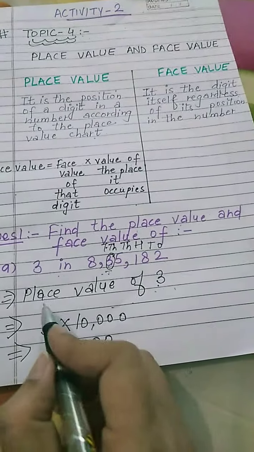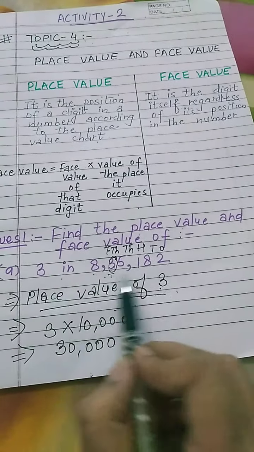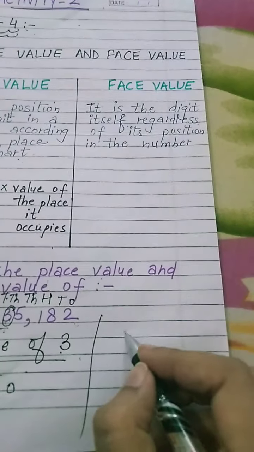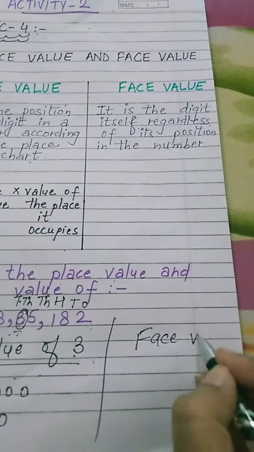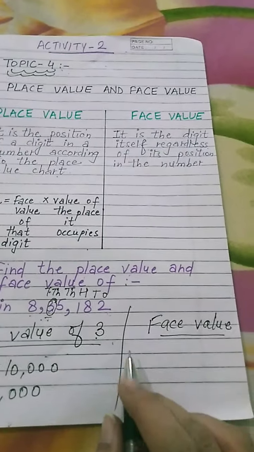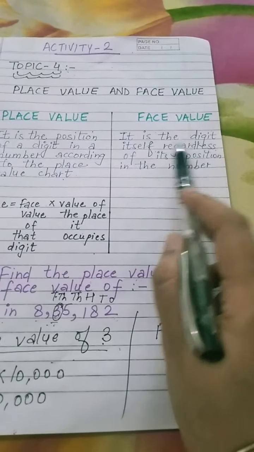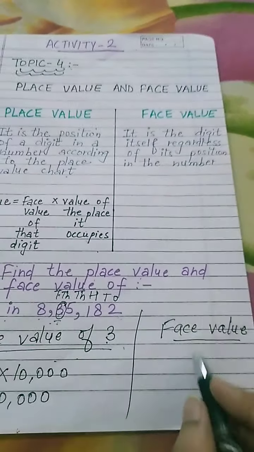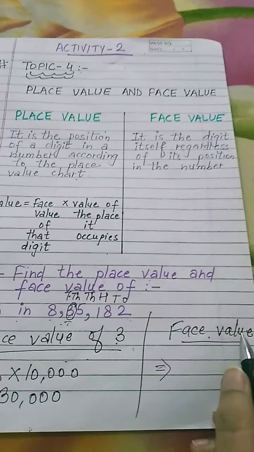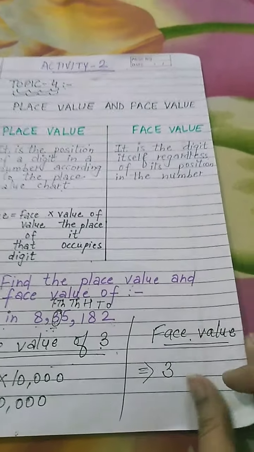So the place value of 3 in this number is 30,000. Now, face value. Now what is face value? I have told you that face value is the digit itself. So we can write it as the face value of 3 is 3.